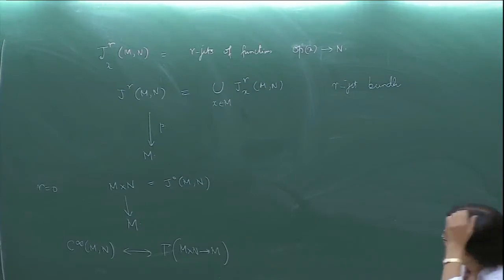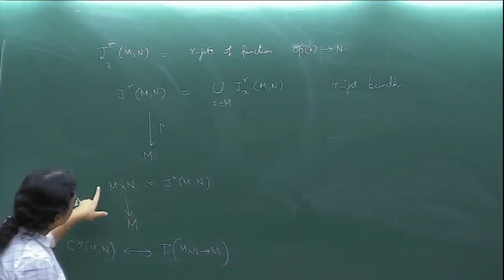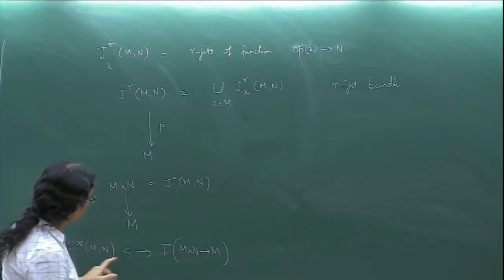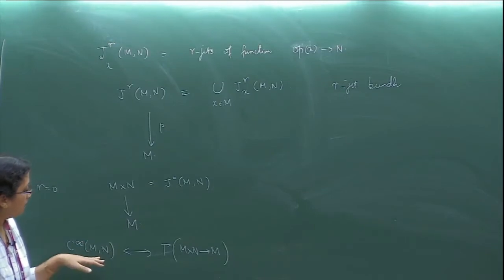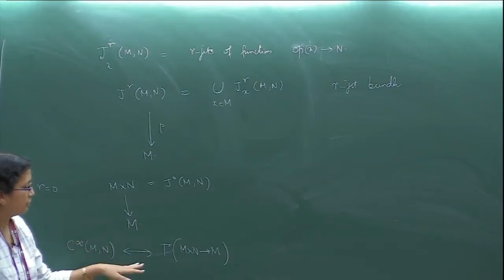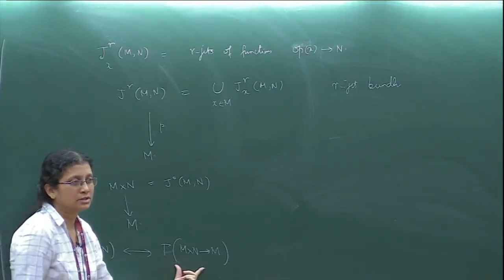Okay. So here r equal to 0 is simply this bundle, and the sections of this bundle are in one-to-one correspondence with the maps from M to N. But for convenience, as far as h-principle theory is concerned, we always view these things as sections of this.